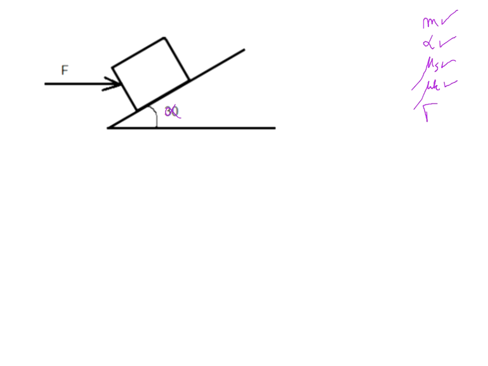We're given F, and we're being asked for the normal force and friction. All right. We only have one system. Oh wait, we need to know what's going on. It's maintained at equilibrium. Okay, so it doesn't move.